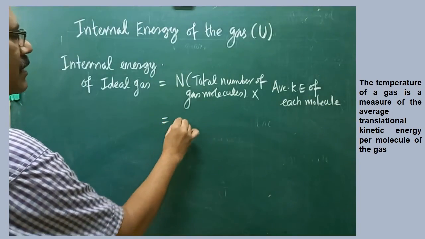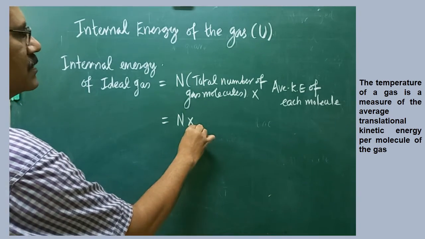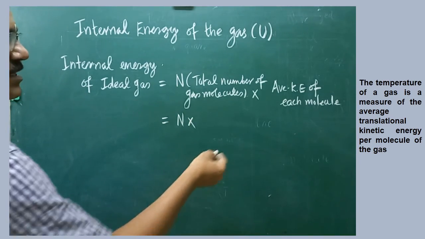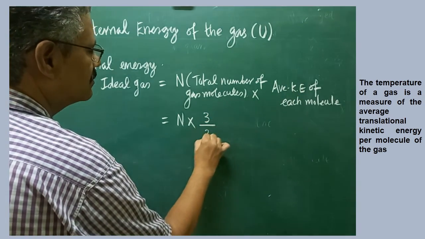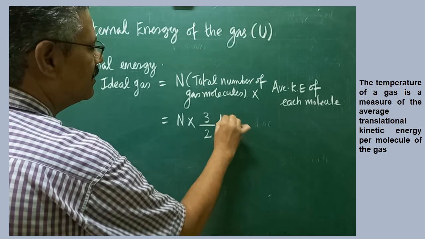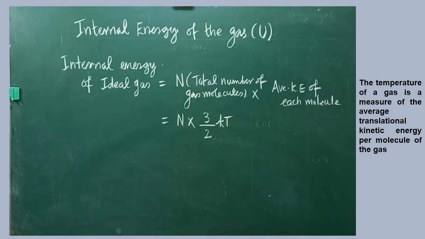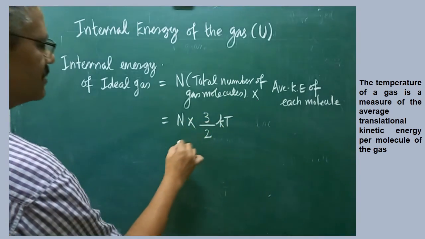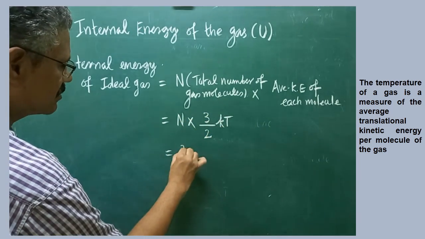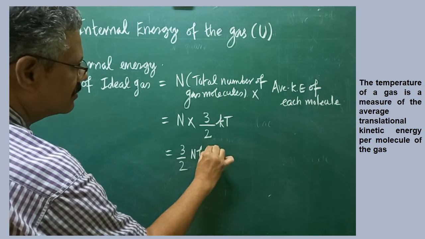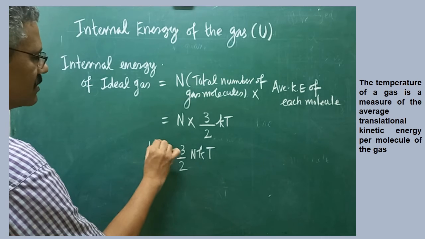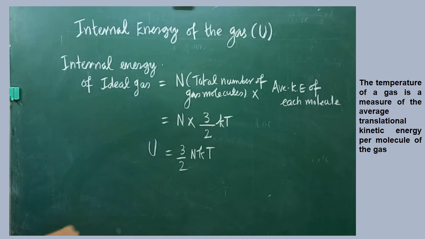Just a few minutes back we derived the expression for average kinetic energy of each molecule. What is the formula? 3 by 2 kT. Now you combine this: 3 by 2 NkT is the expression to calculate the internal energy of any gas.